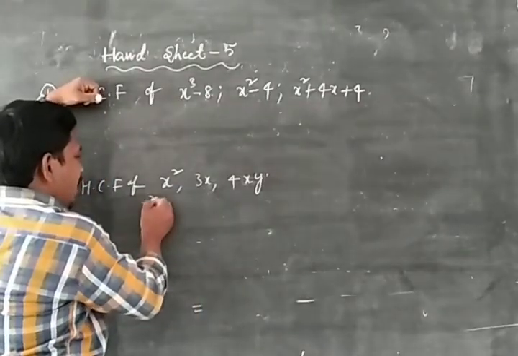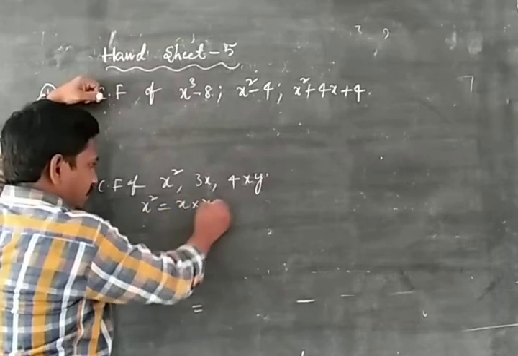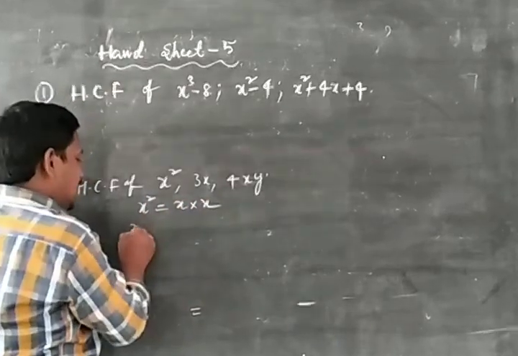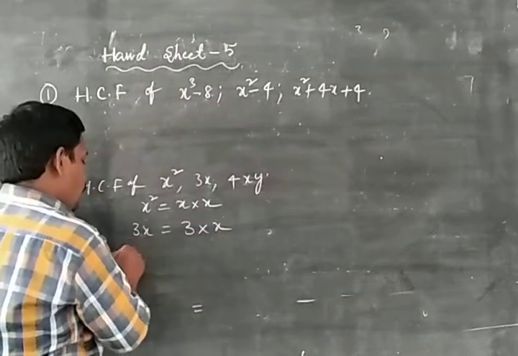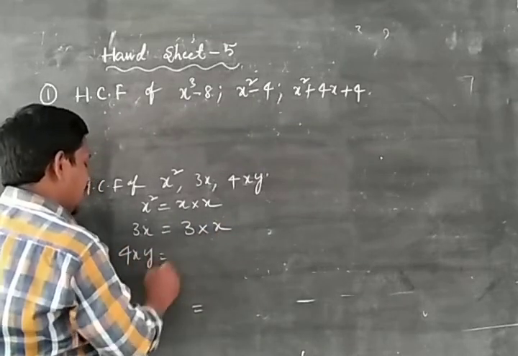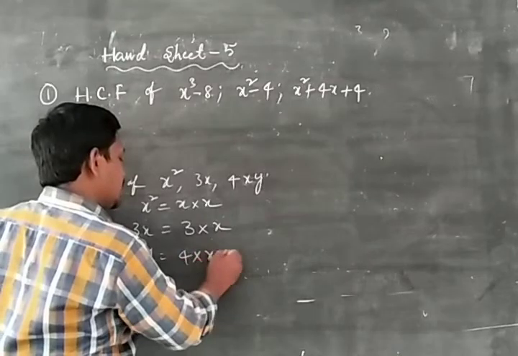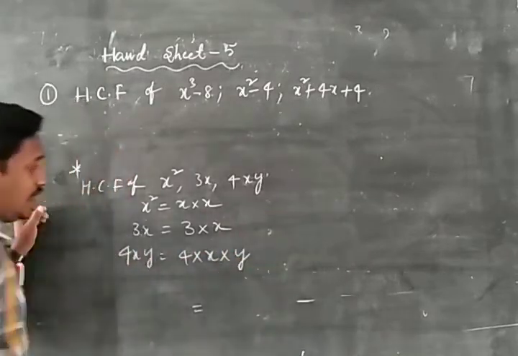Okay, x square is written x into x, we know that. 3x is written as 3 into x. 4xy is written as 4 into x into y. Okay?